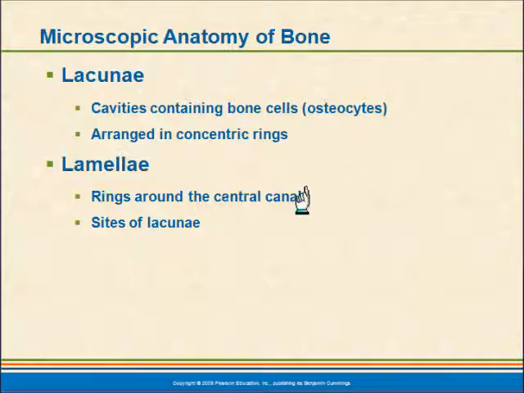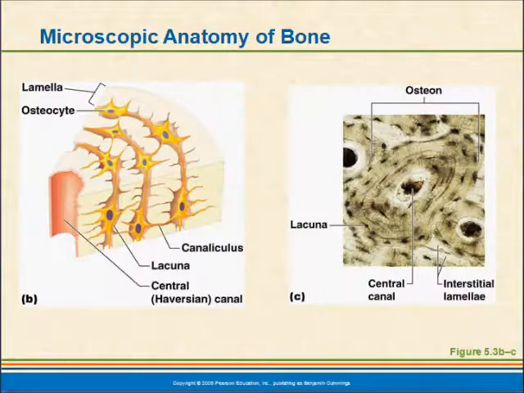And these are rings around the central canal, sites of the lacunae, and the lamellae form kind of like growth rings, except that instead of forming from the inner part out, they develop from the outside in until the vessel is completely enclosed. Now, that does not mean that you can cut into a bone and tell how old someone is.